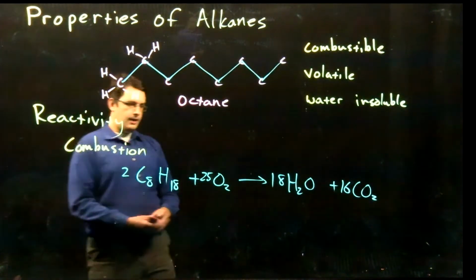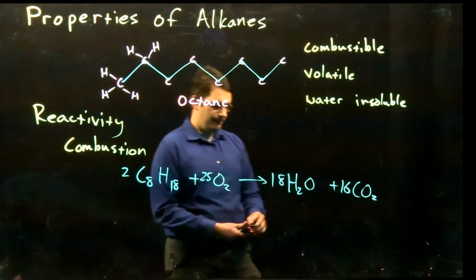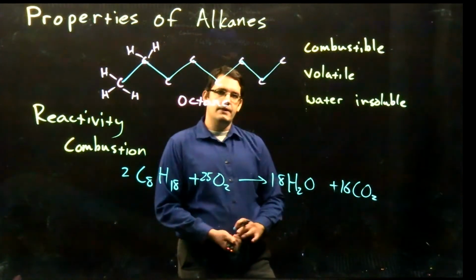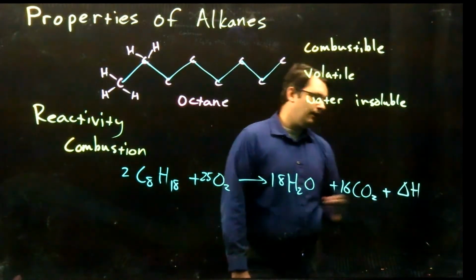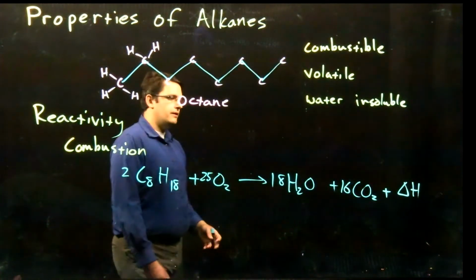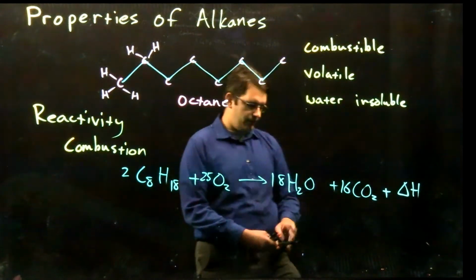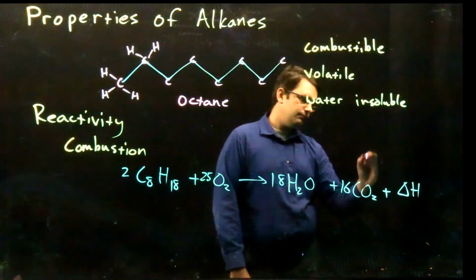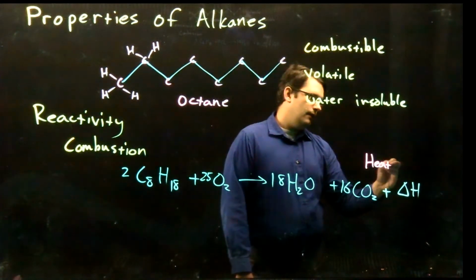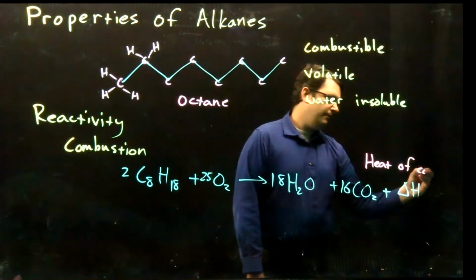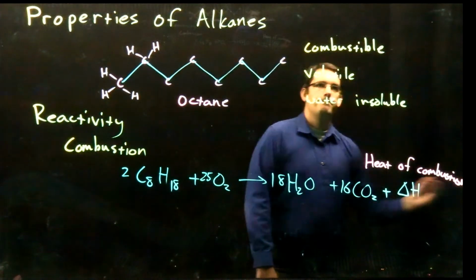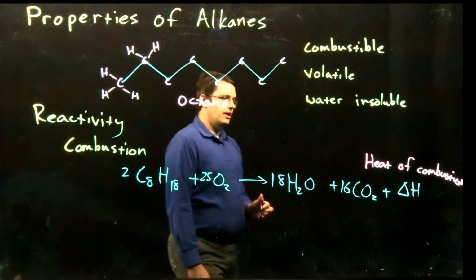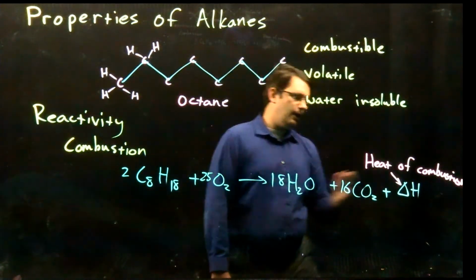The other difference will be in the heat of combustion. Right, so this is, of course, an exothermic reaction. So we can think of it as producing heat, represented with my delta H over here, my enthalpy. So this is my heat of combustion. And the heat of combustion will vary for different alkanes.